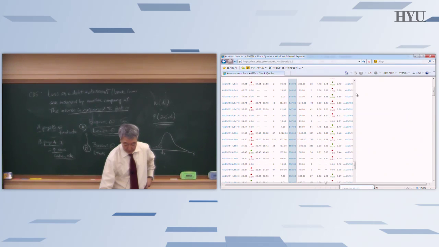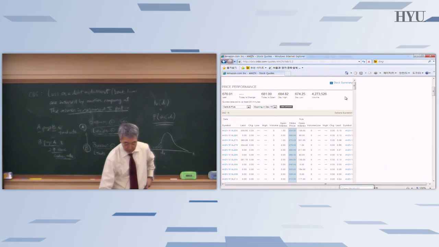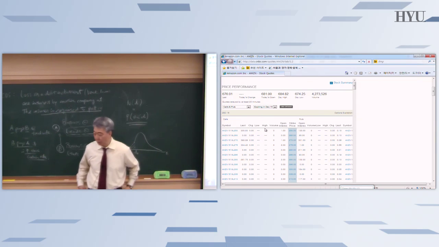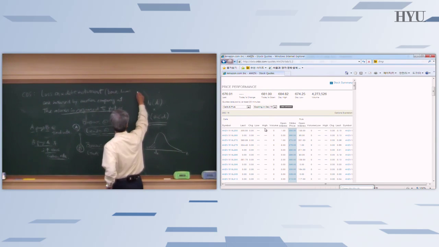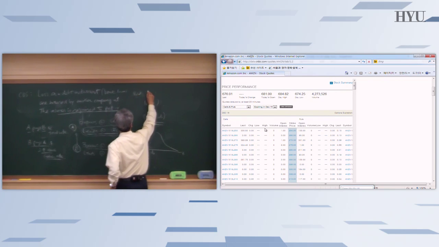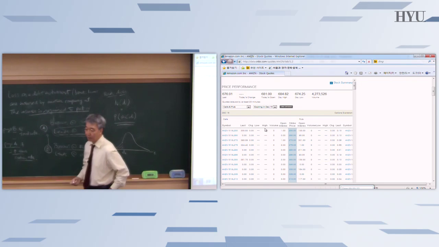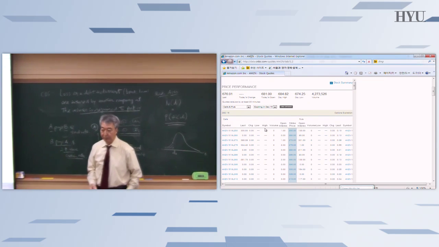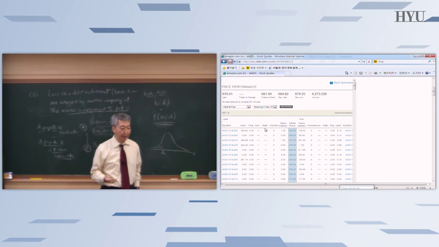This is a slightly different format, okay? In the old days, they used to show bid price and ask price before the open interest. Bid price is the price that buyers are willing to pay.